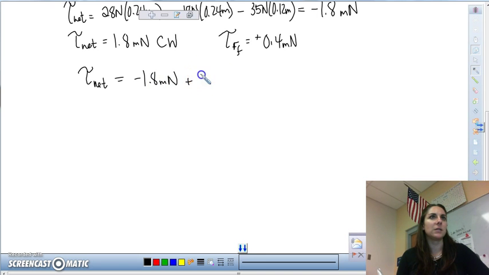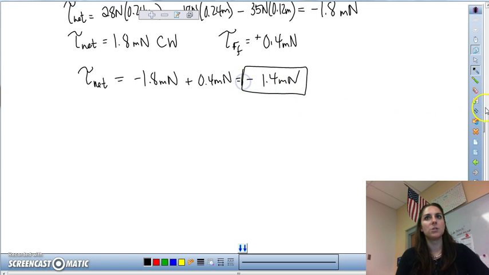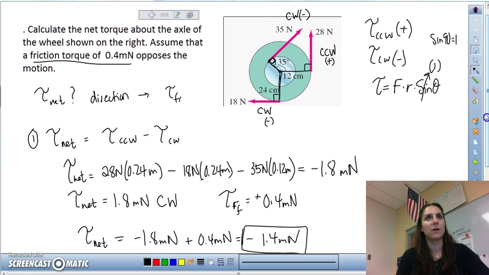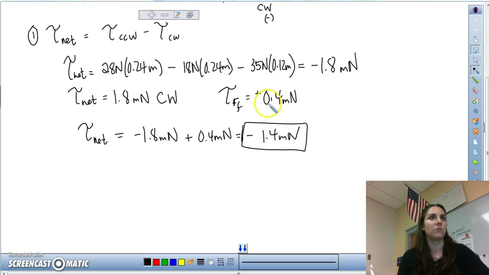So that is the 0.4 meters, like that, which gives us a negative 1.4 meters Newton as a final net torque. And just to recap, what I had to do is figure out first what the net direction is so that I can apply the right sign to our friction.